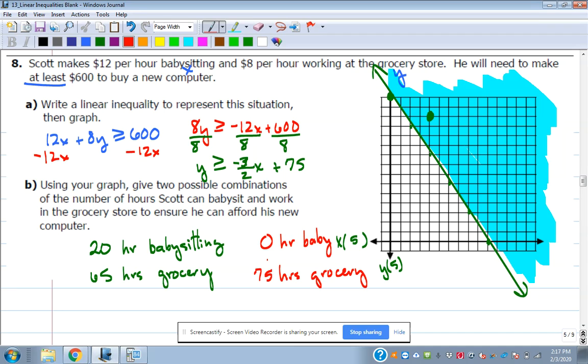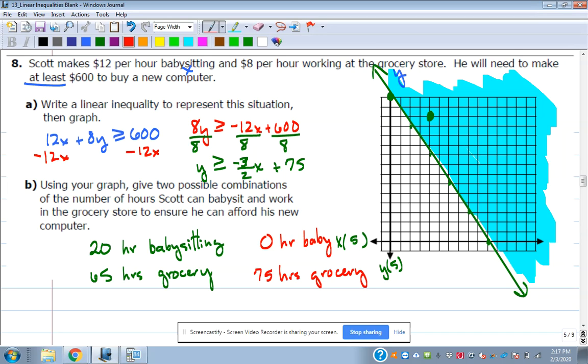I could also, if I didn't do any hours at the grocery store and only did babysitting that month, what's this ordered pair? 5, 10, 15, 20, 25, 30, 35, 40, 45, 50 hours. 50 hours babysitting and 0 at the grocery store would be another possibility. Why are those answers to this?